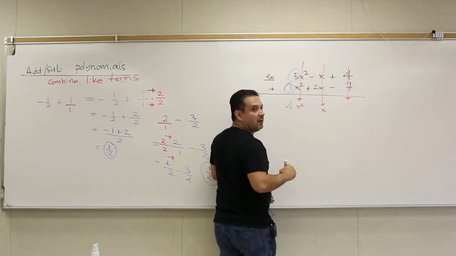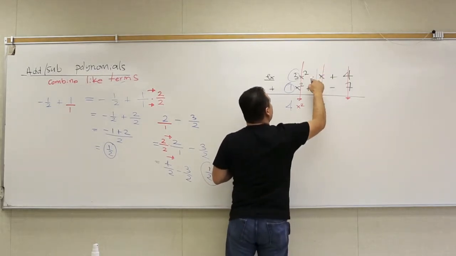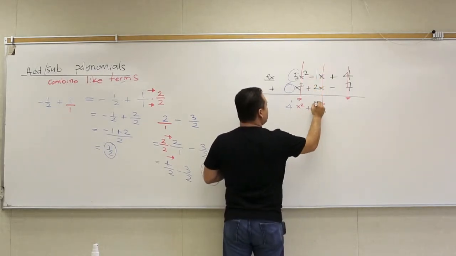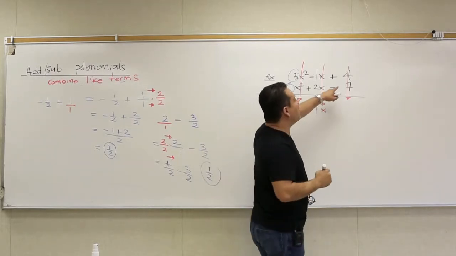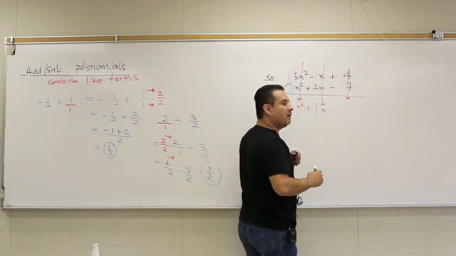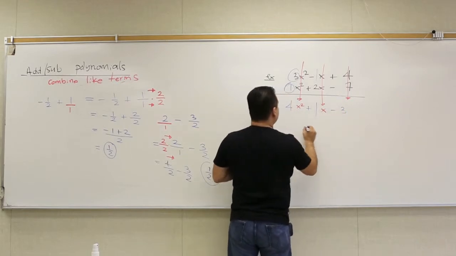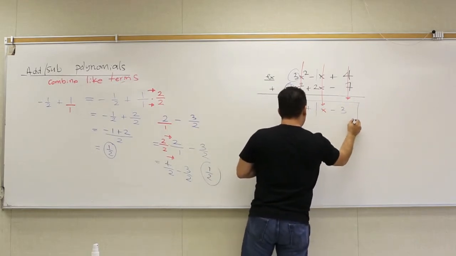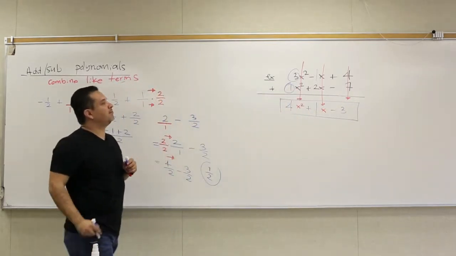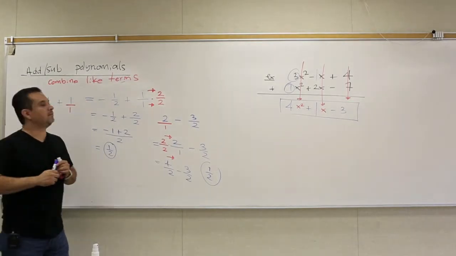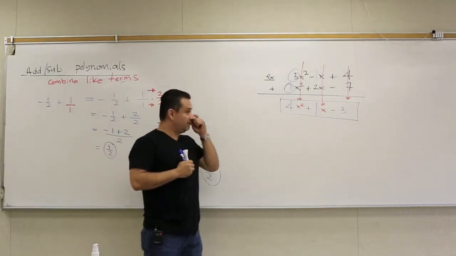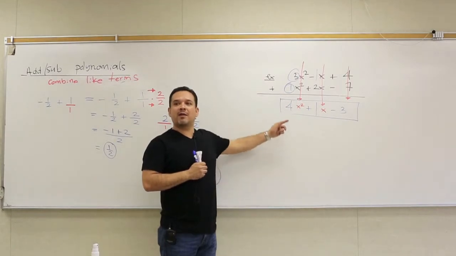It's negative 1. What's negative 1 plus 2? Positive 1. Good. What's 4 plus a negative 7? It's negative 3. Okay, you okay with this?